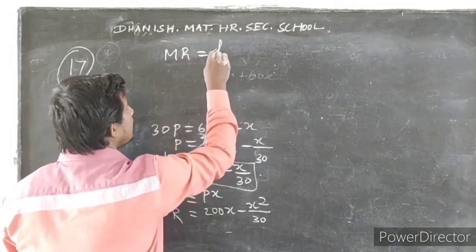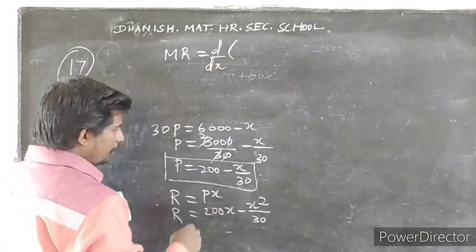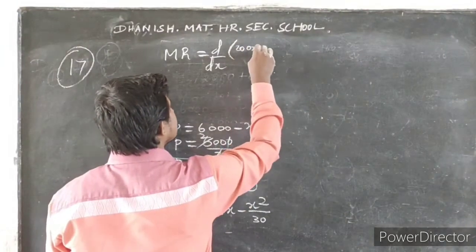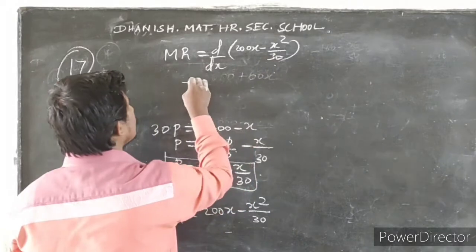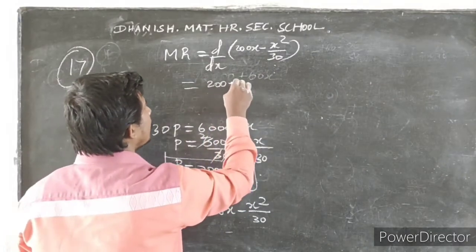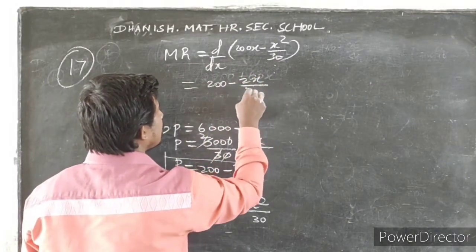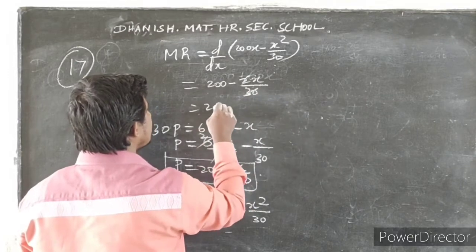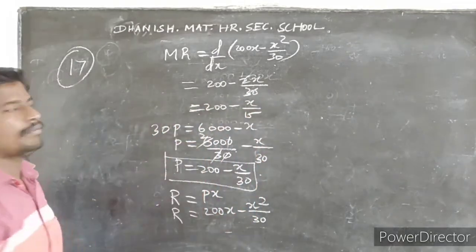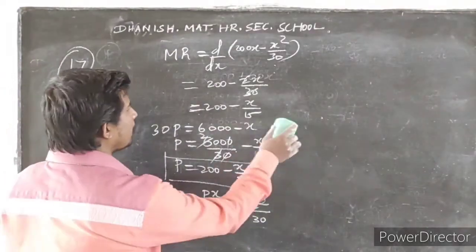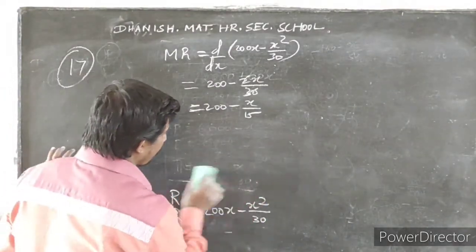So d by dx of 200x minus x squared by 30 is equal to 200 minus 2x by 30. So the marginal revenue is 200 minus x by 15.